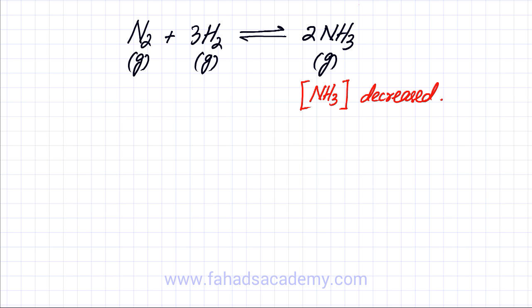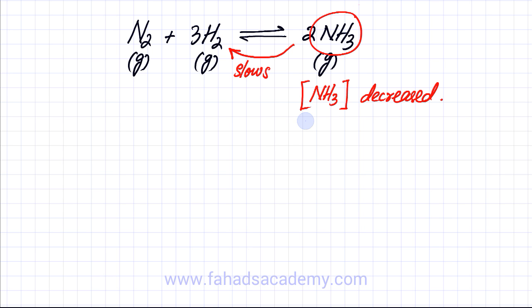The speed of the forward reaction depends on the concentration of hydrogen and nitrogen. Now that is unchanged. So the speed of the forward reaction would not be affected. But the speed of the backward reaction would definitely slow down.